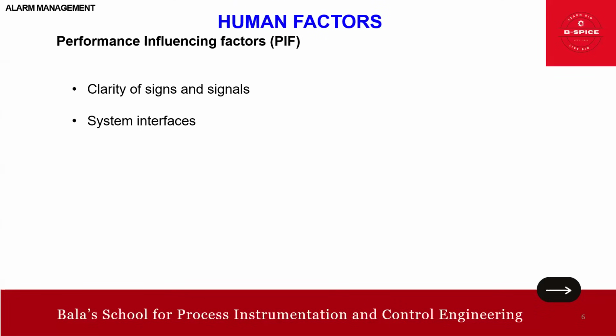Then system interface, in the sense of presenting data to operators in a way that is consistent with human capabilities. It will make it easier to diagnose the cause of the alarm and monitor the effectiveness of the response. Trend displays, for example, are consistent with human capabilities of pattern recognition, whereas numerical data points can quickly overwhelm, right? Something like that.